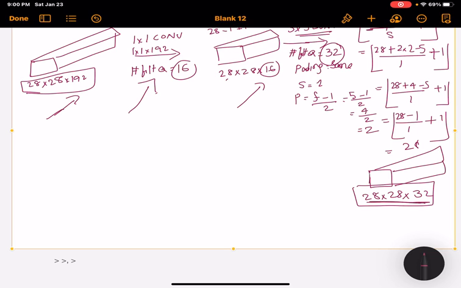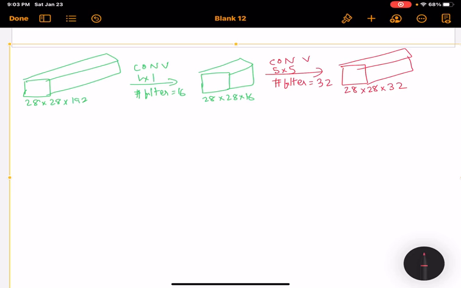Now let us go ahead and calculate the computational cost for this entire process. As you can see, I have my 28 cross 28 cross 192 image, which is first convolved with a 1 cross 1 convolution operation to get an image of 28 cross 28 cross 16, and that is now convolved with a 5 cross 5 filter to give me an output of 28 cross 28 cross 32.